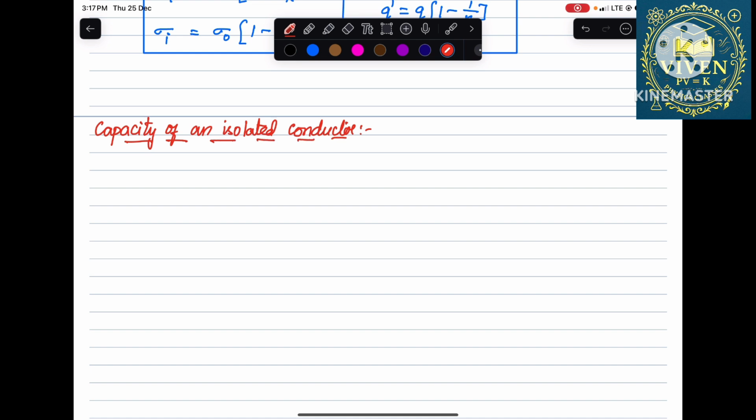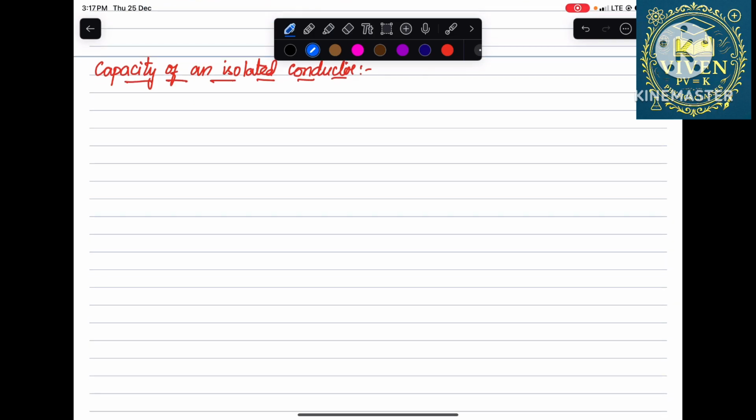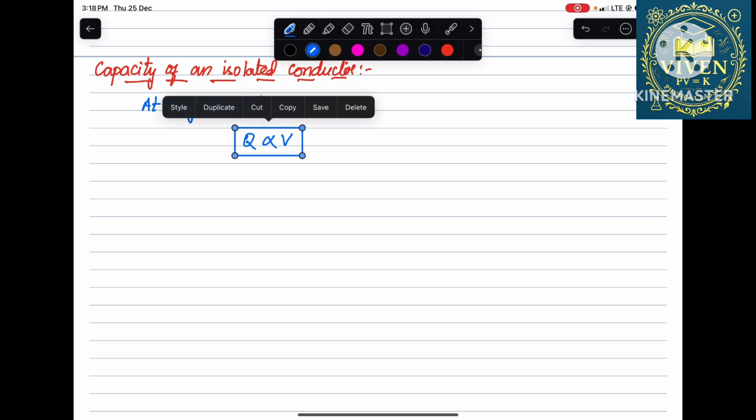So at any instant, the charge on a conductor is directly proportional to the potential, or potential difference, applied at that instant.